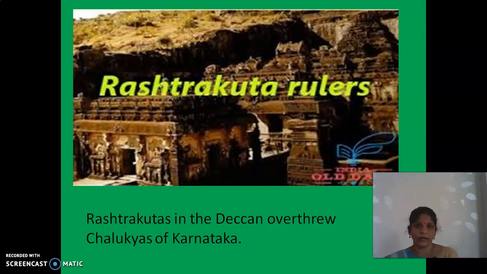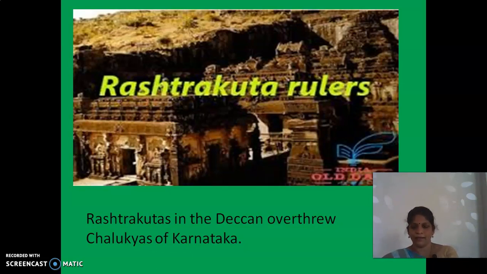But after they became very powerful, they declared themselves rulers. The Rashtrakutas in the Deccan overthrew the Chalukyas of Karnataka. This is one instance of how Samantas became rulers. That example is the Rashtrakutas.